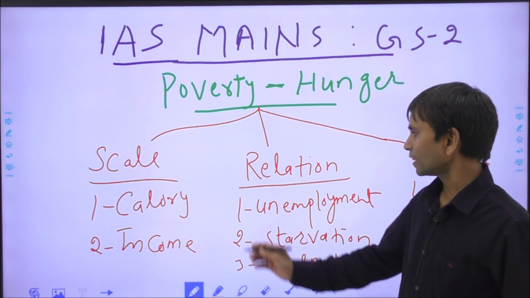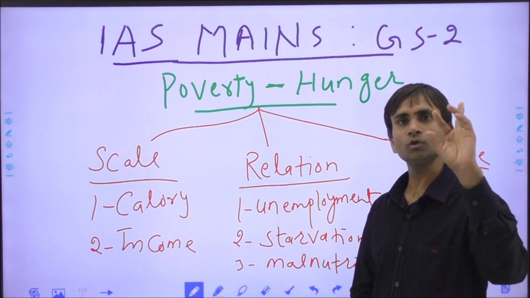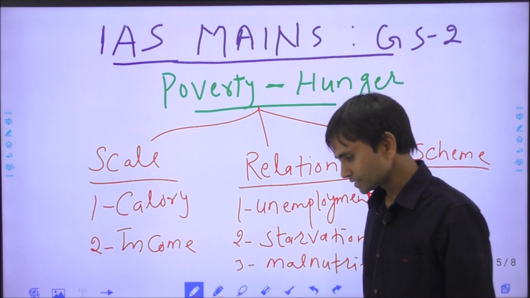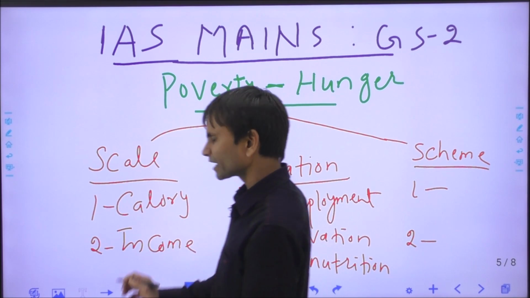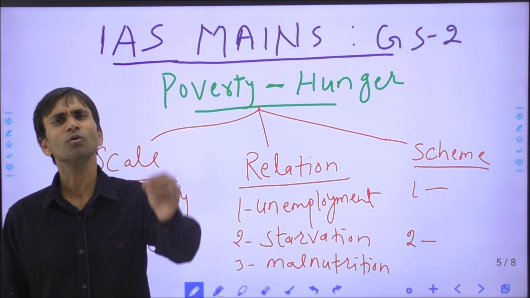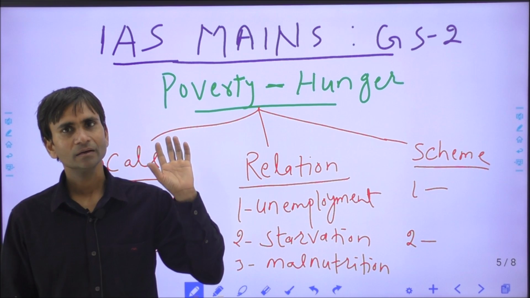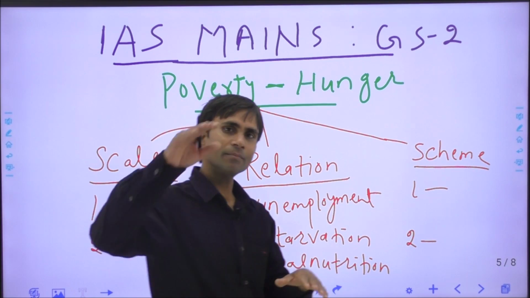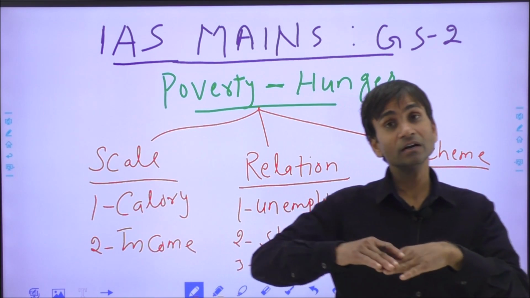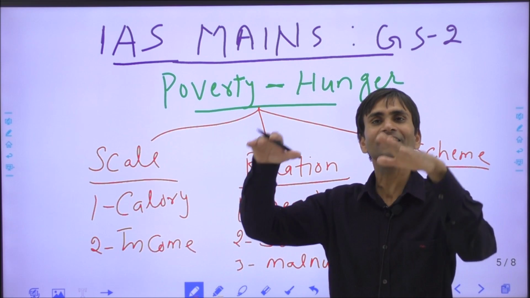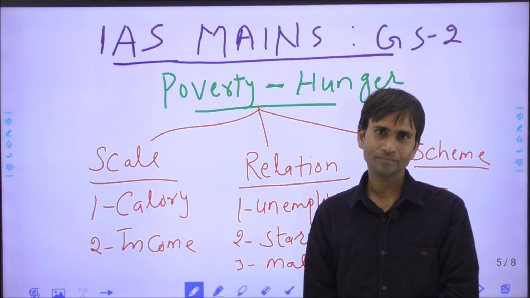The income formula has two dimensions. One is, if a person has a higher level of income, then there is no matter of poverty, but if the income level is very low, it increases the intensity of poverty.